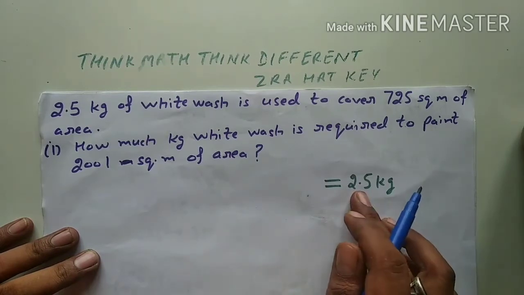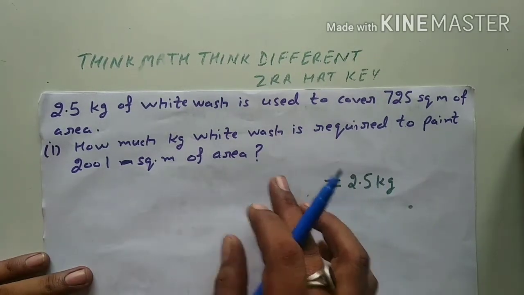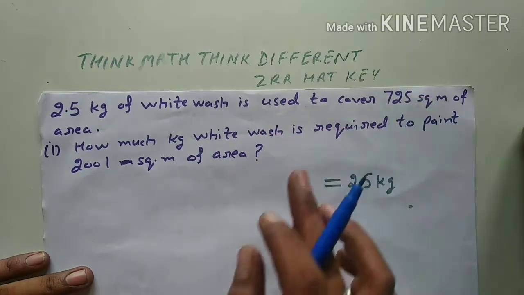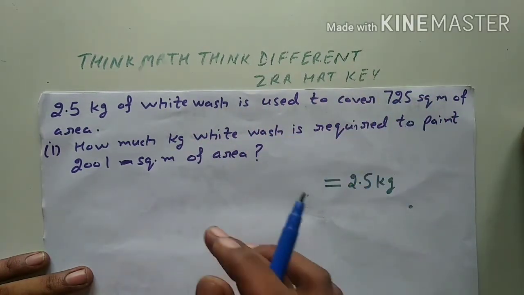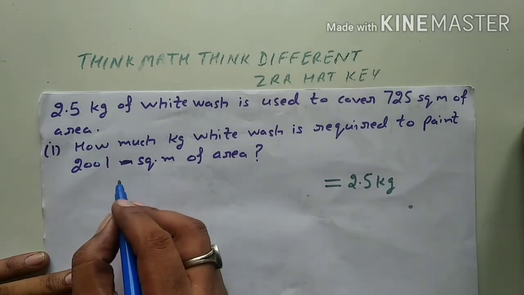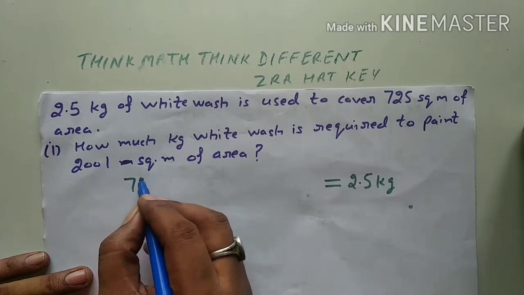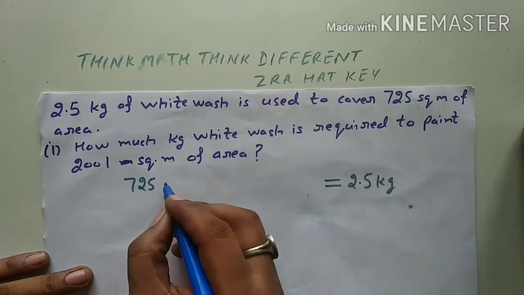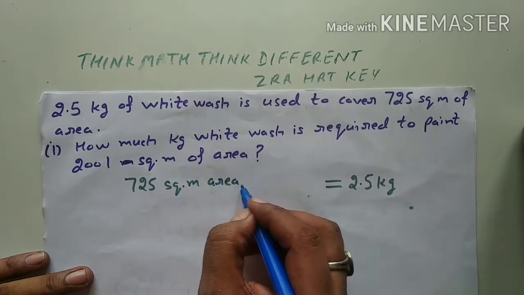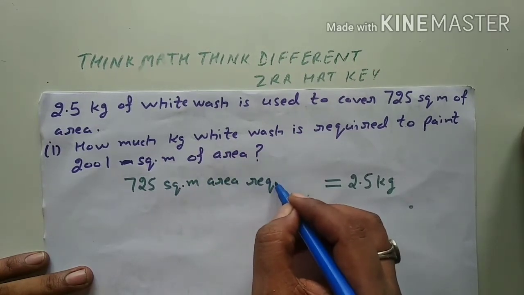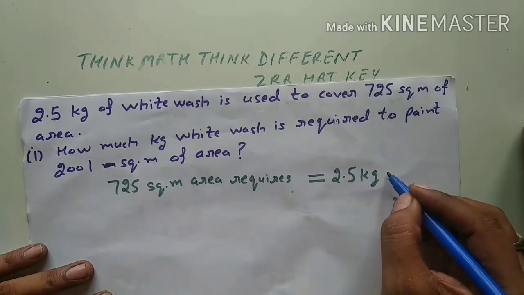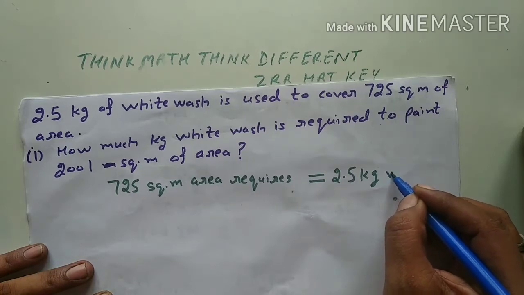Now I will make the statement. 2.5 kilogram of whitewash is used to cover 725 square meter of area. So I will write 725 square meter area requires how much whitewash? 2.5 kilogram whitewash.